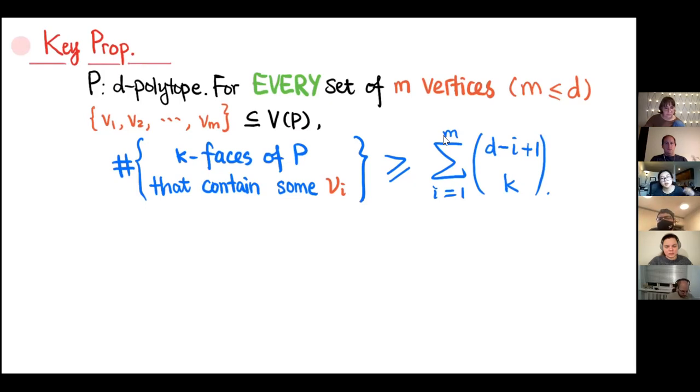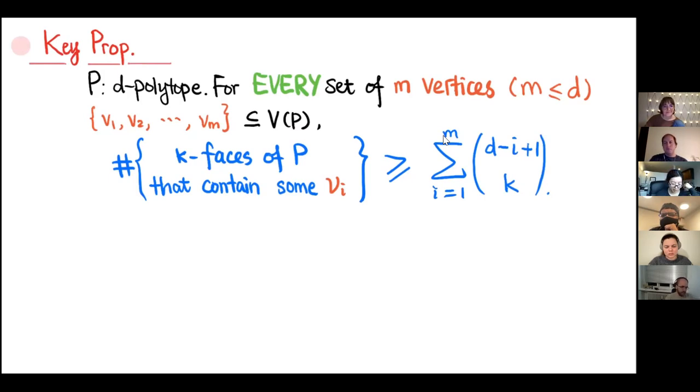We just pick a set of n vertices in that polytope, n up to d. They don't have to be related to each other in any sense, but we just count the number of k-faces of P that contain at least one vertex from the set.